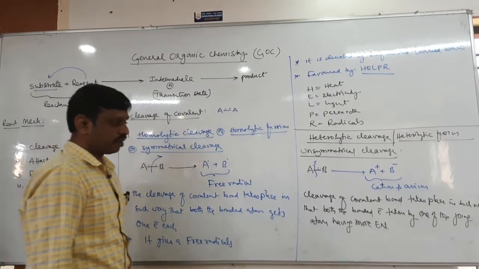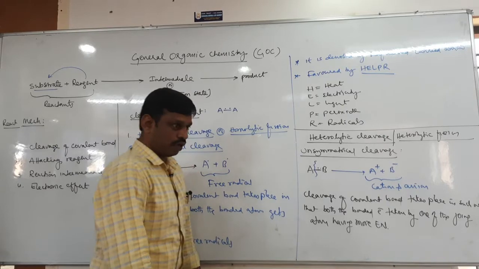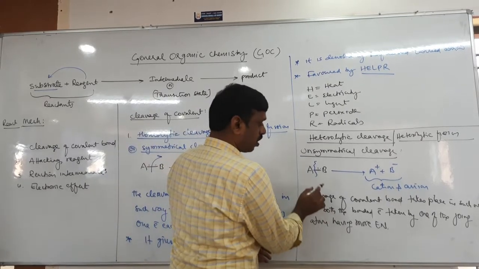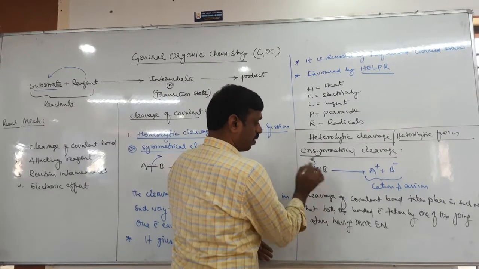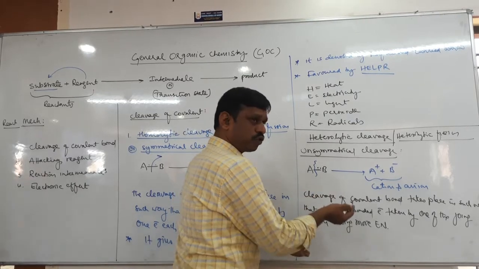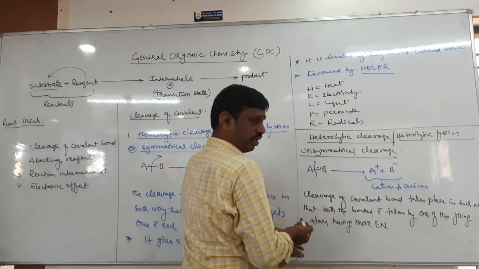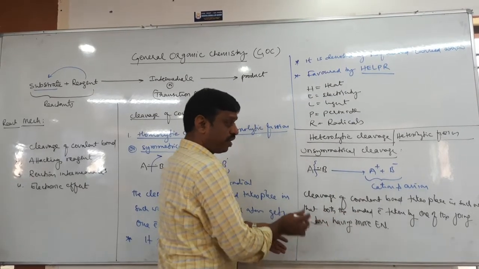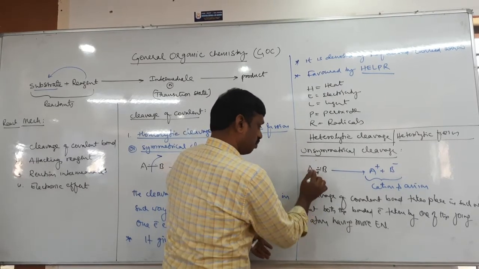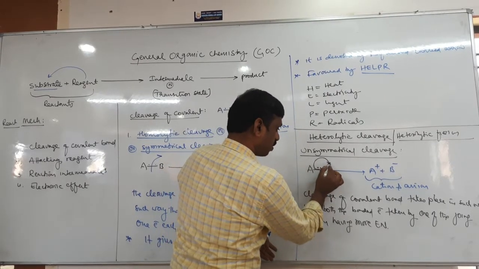So here both the bonded electrons, it means two electrons, are taken by B. It means B is supposed to have more electronegativity. So B has more electronegativity, therefore the bonded electrons are taken only by B.